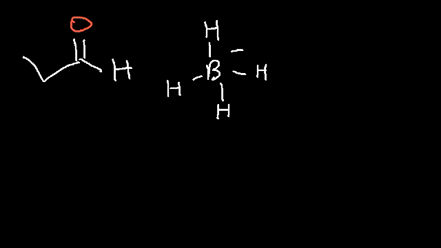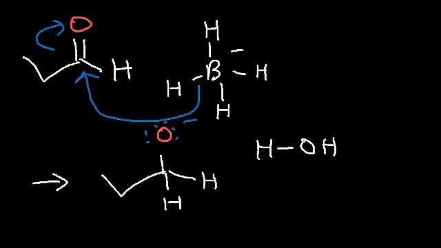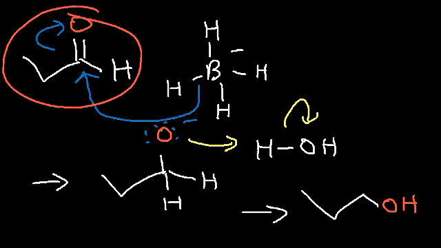So this substance is going to deliver another hydride ion, reducing it all the way to the alkoxide ion. And then in the last step, it's going to grab a hydrogen from water. So in this case, we have a primary alcohol, 1-propanol.